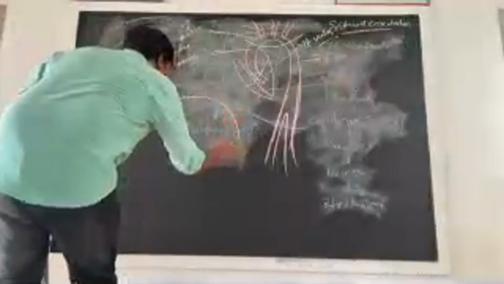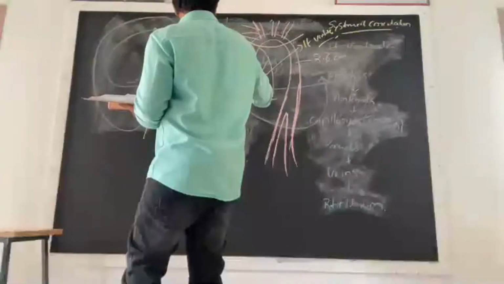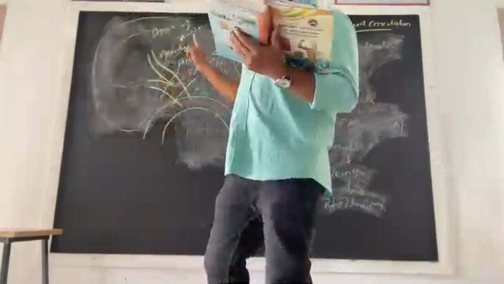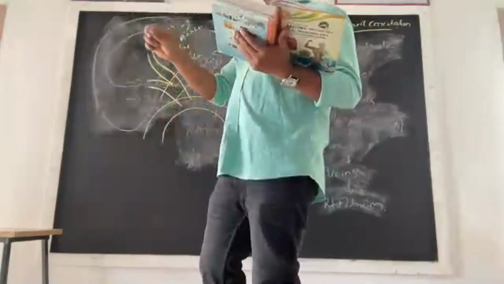Now, you have to think about this particular part. If you take this as the arch of aorta, there is one artery, the brachiocephalic artery.